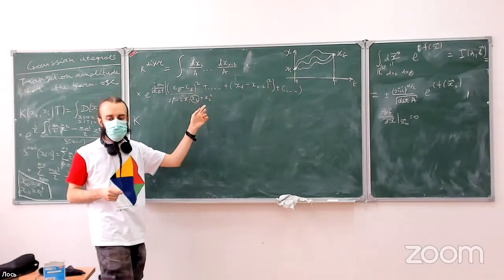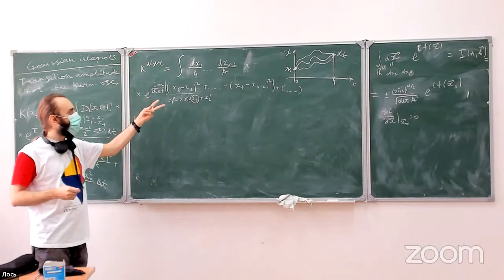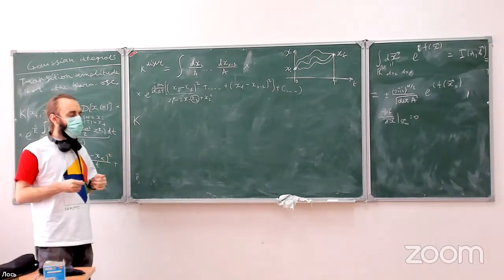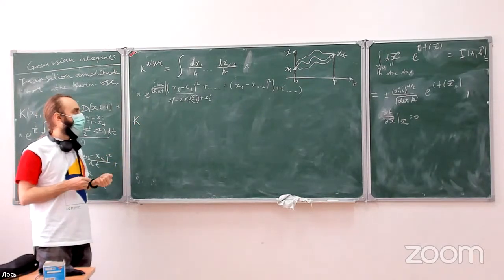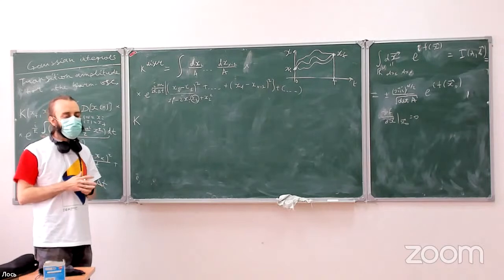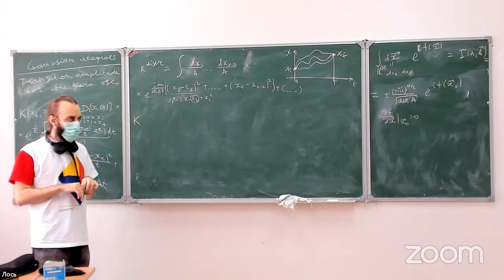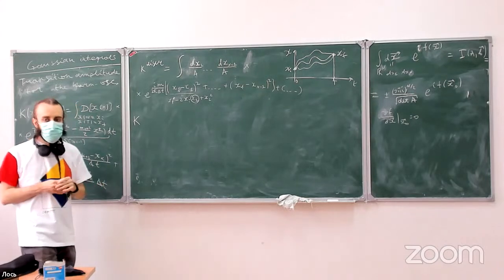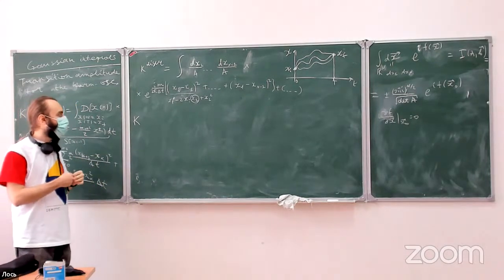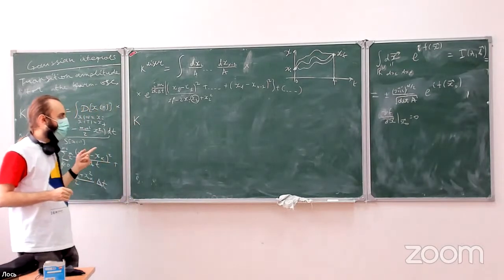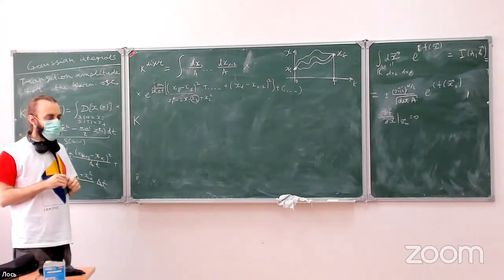It's exactly computable. You can invert this matrix using Fourier transform, and you can get an explicit answer and then take the limit. But it's a bit complicated, so I will try to show you already the limit computation.